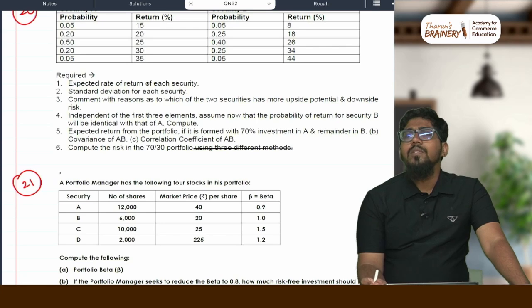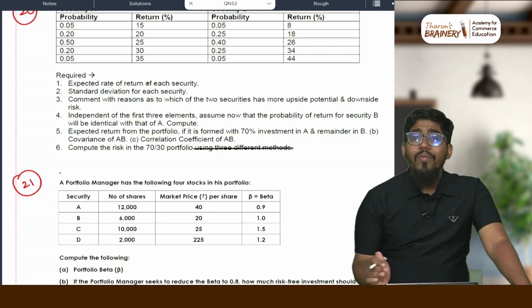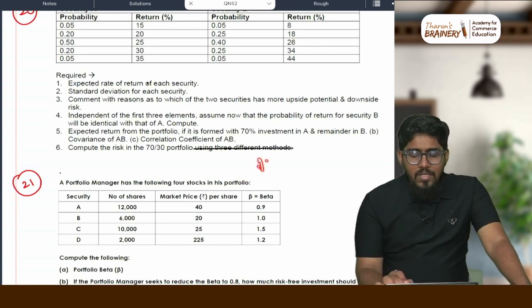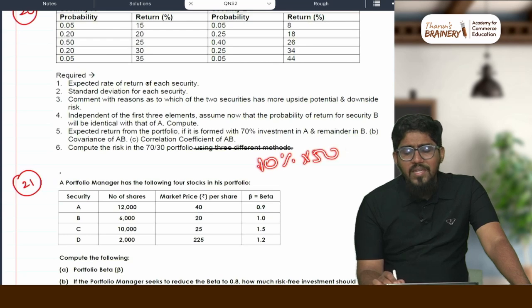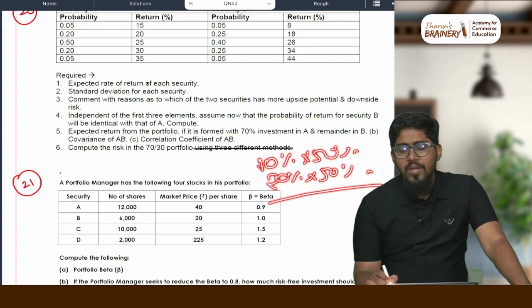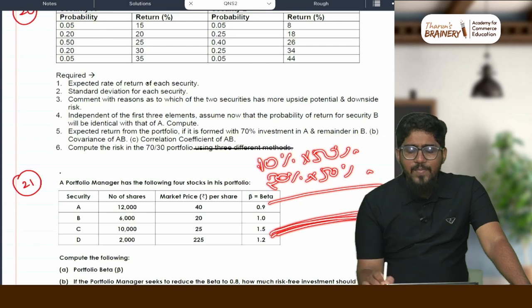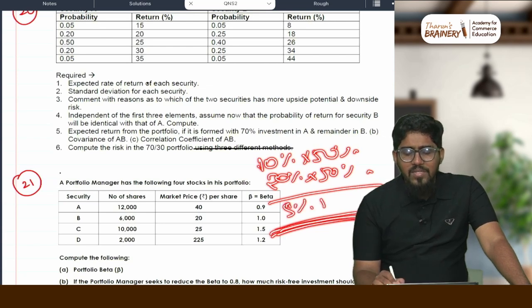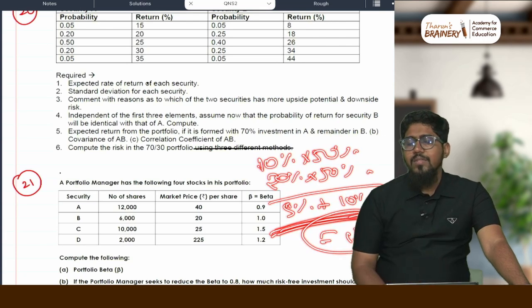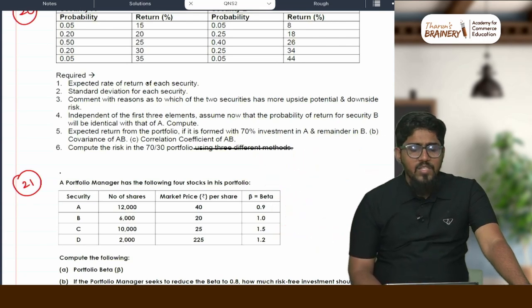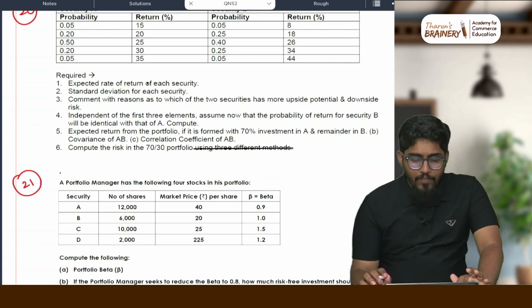30% is wrong, because weight also comes into the picture. 10% but 50% invested, 20% but again 50% invested, which means my expected return is 10 into 50% plus 20 into 50%, coming to 15%. This is the expected return of the portfolio.